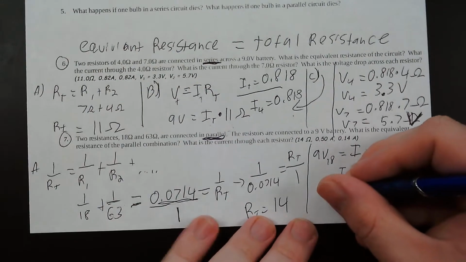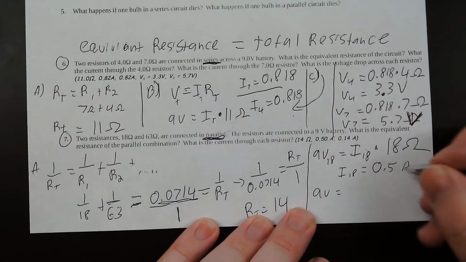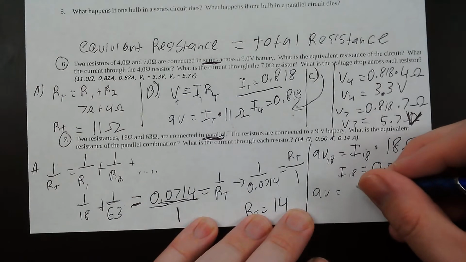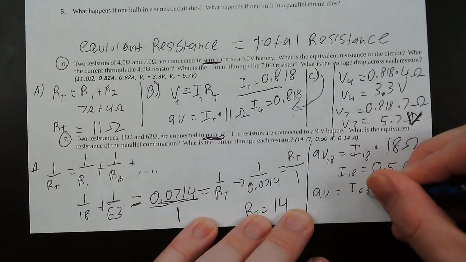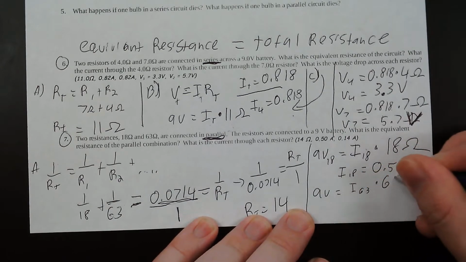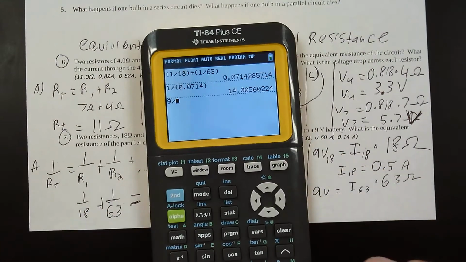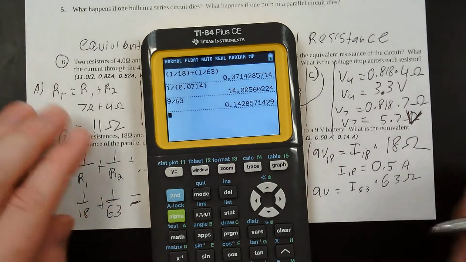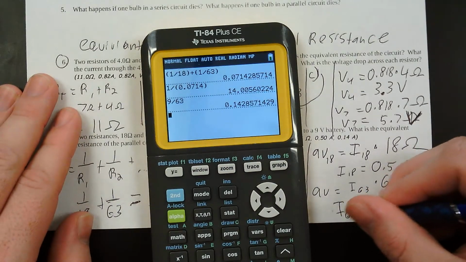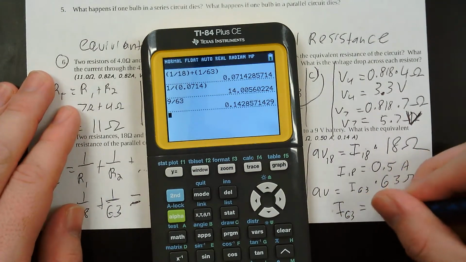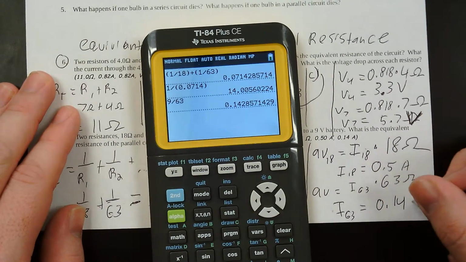Then we're just going to do the same thing for the other one. 9 volts equals the current across the 63 times the 63 ohms. And then we're just going to do 9 divided by 63. The current through the 63 ohm resistor is going to be 0.14 amps.